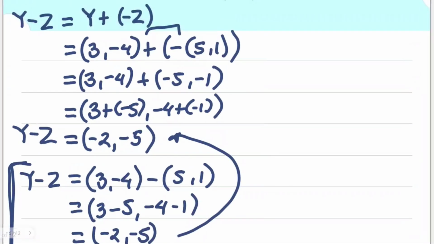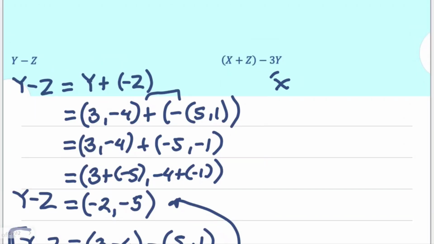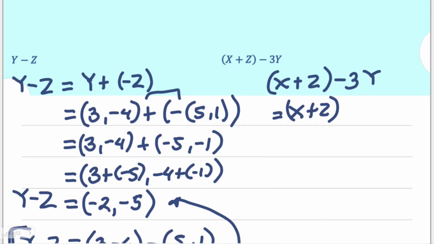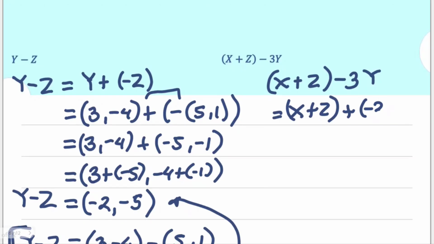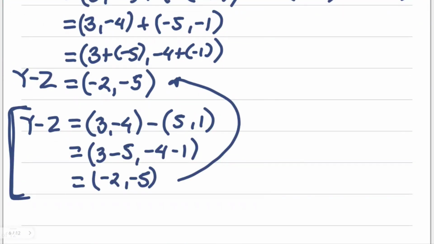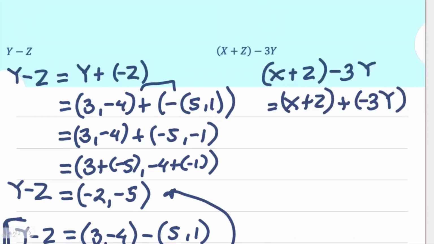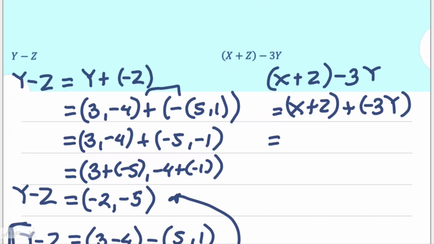Okay, it's not enough, so let me start here. You have x plus z minus 3y. Of course, you can write this as x plus z plus negative 3y. I'm just going to do it like this, even if this is acceptable for some.